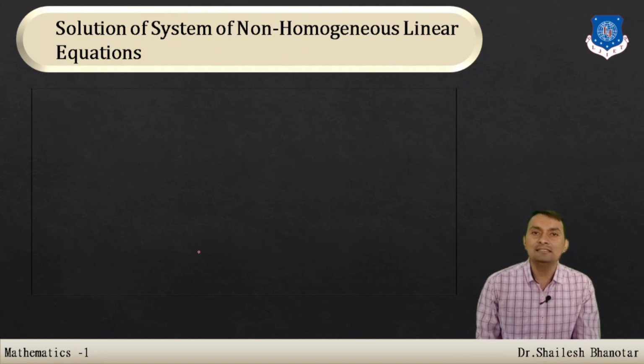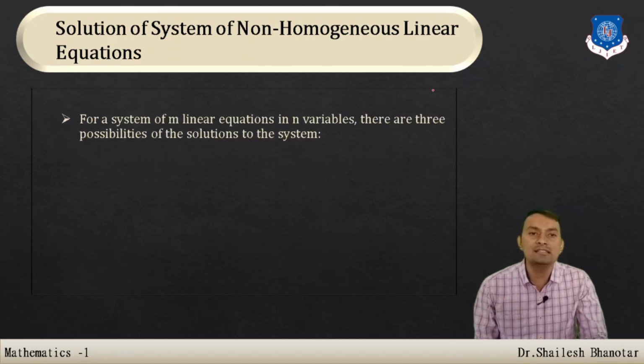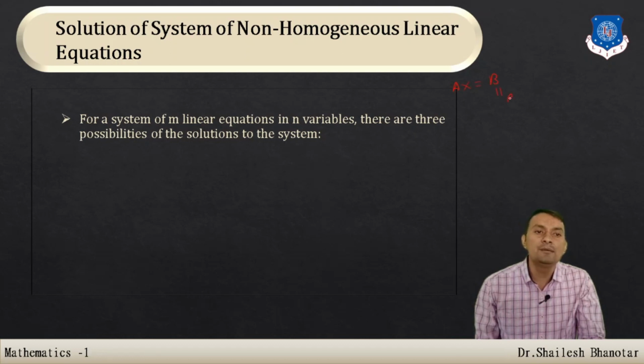So let us first concentrate on the solution of the system of non-homogeneous linear equations. We say the system is non-homogeneous whenever B is non-zero, then the system AX equals B is non-homogeneous.